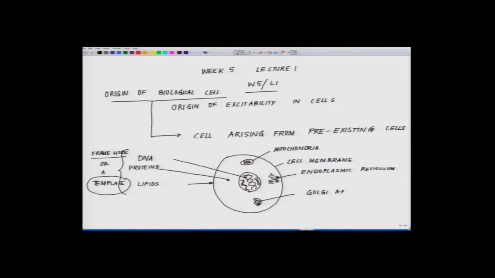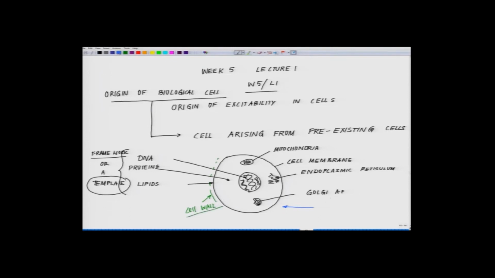when we talk about a cell like this, assuming that this cell, or this kind of cells, has evolved, and of course, if it is a plant cell, then you will have another additional membrane which will be the cell wall. Okay. Though I am not getting into those finer details at this stage.